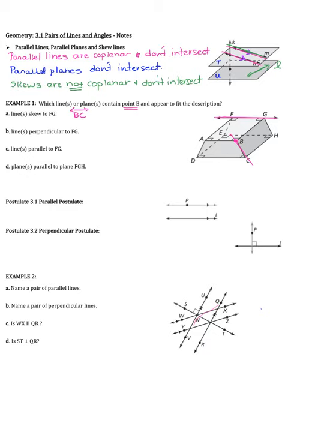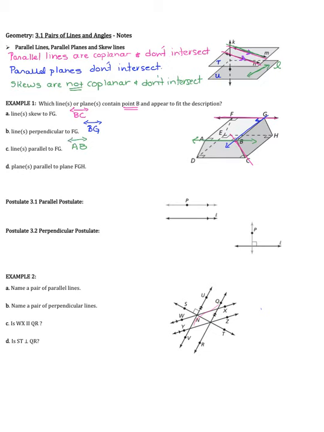So then we want lines that are perpendicular to FG that go through point B. So we see this little perpendicular marking down here. So line BG is going to be perpendicular to FG, but also pass through B. Then we want a line that is parallel to FG, so it has to be coplanar and pass through point B. That's where we want to pick up line AB.